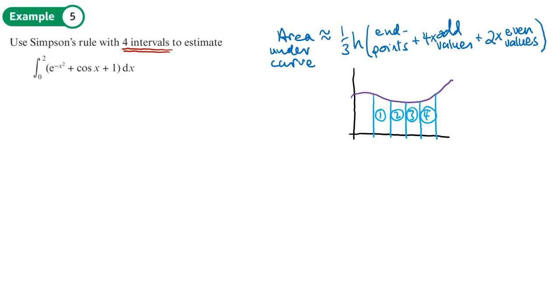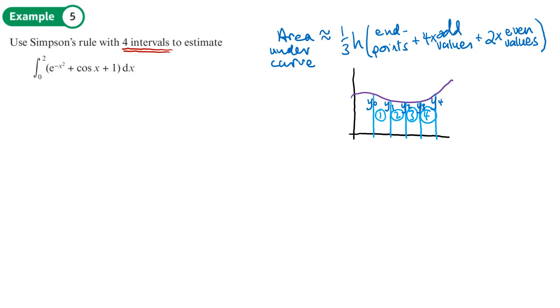Can you see that I need to work out actually 5 y values? Actually, let's write those as the heights rather than the x values. So y0, y1, y2, y3, y4.